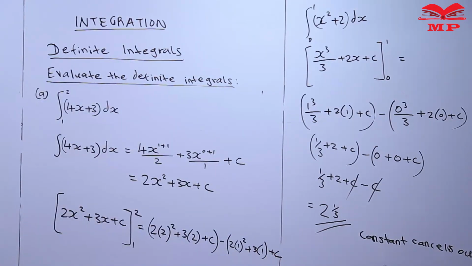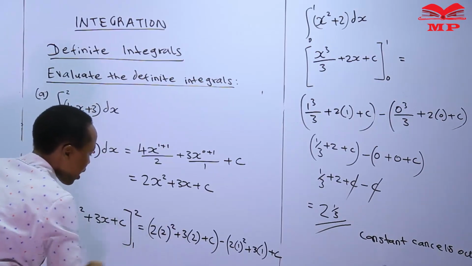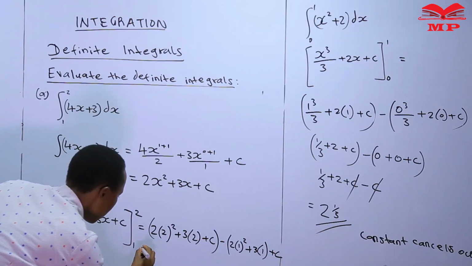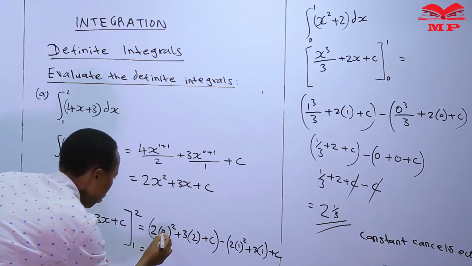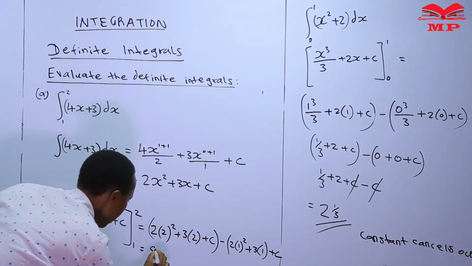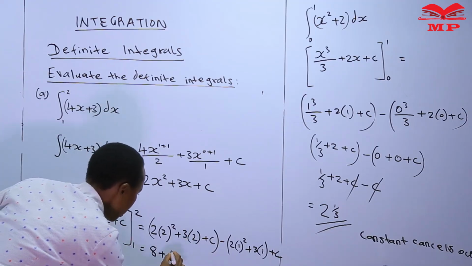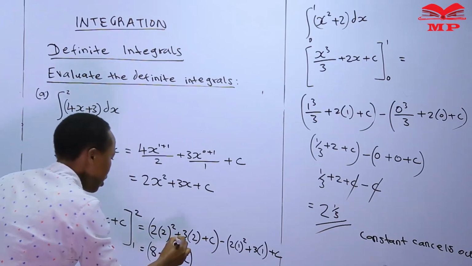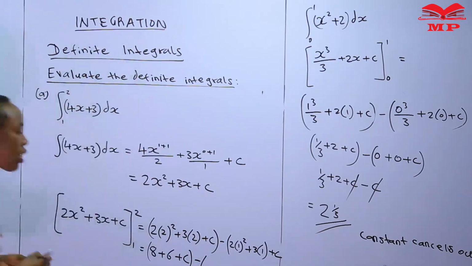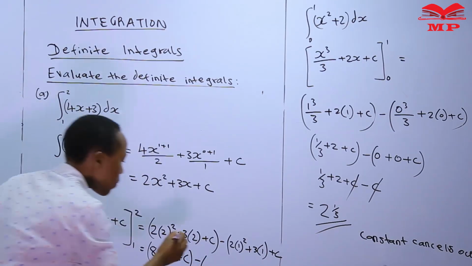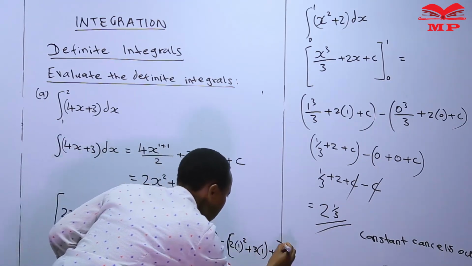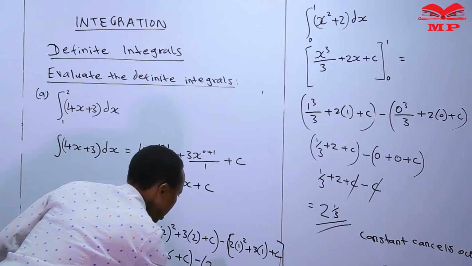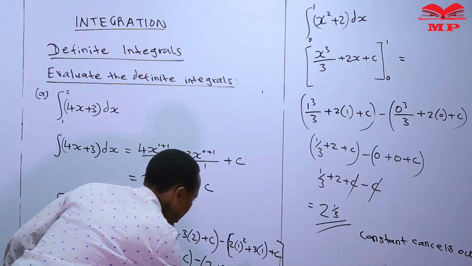So in this, we are going to have 2 squared, that is 4. So we are going to have 4 times 2, that is 8, then plus 6, then plus c. So we have the first part. Then minus, when using now the lower limit. So we have 1 squared, 1 times 2, we have 2, then plus 3 plus c.